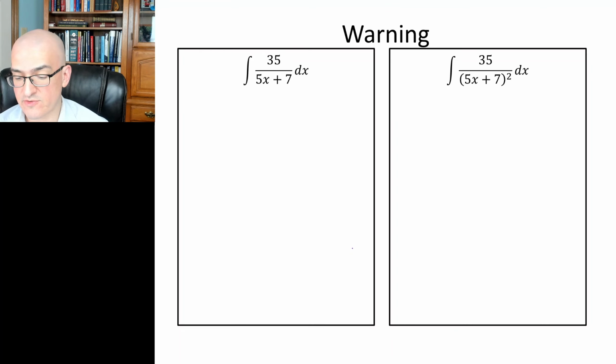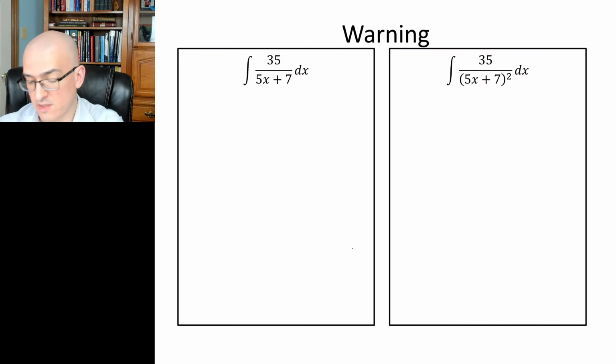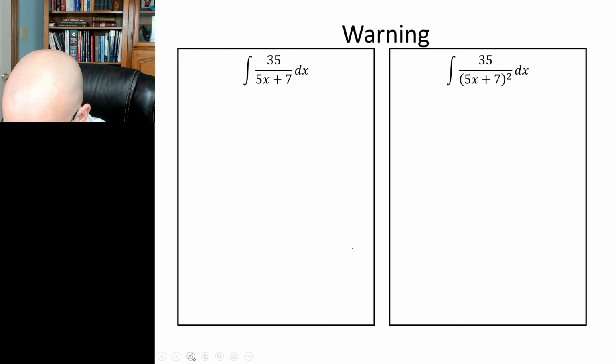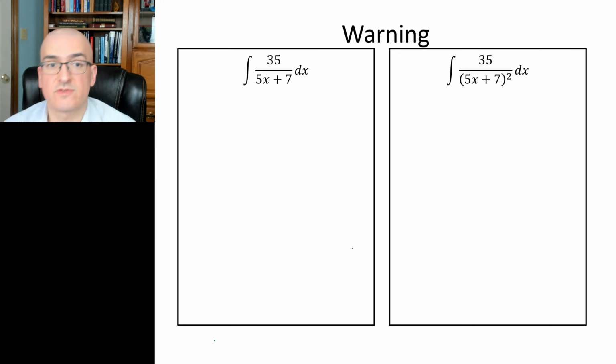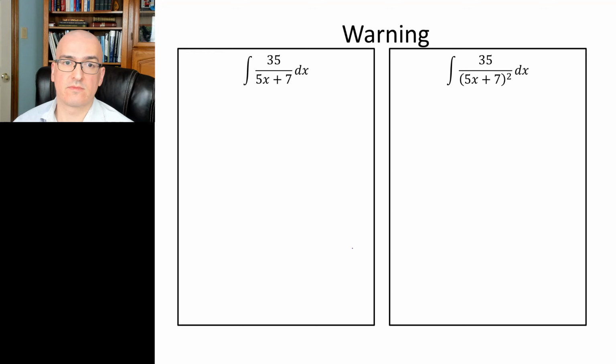So I'll show you that in the first case it's correct. You do get a log. In the second case, you do not get a log. You get the inverse power. So just be careful. Yes, there's places for shortcuts, but this isn't one of them. If you're thinking about skipping a substitution and just doing it mentally, be careful.